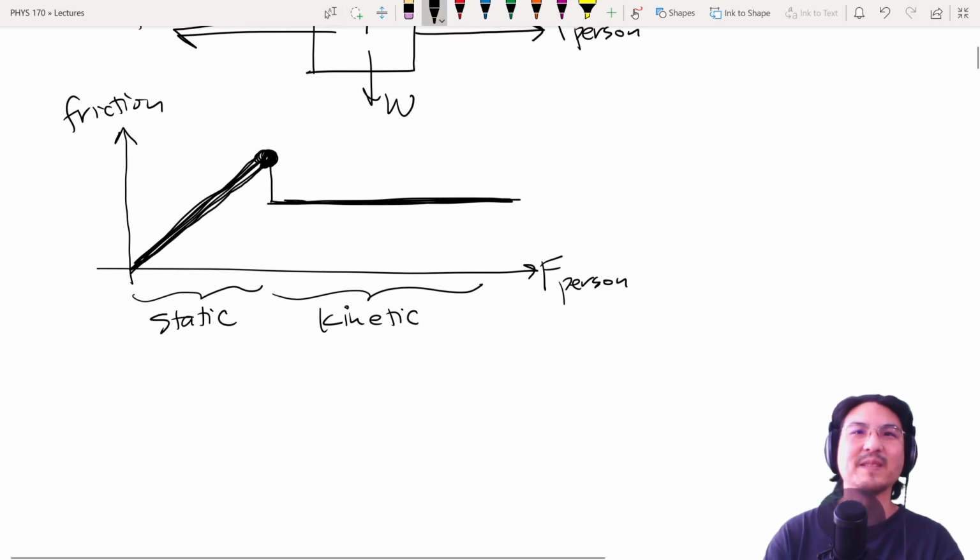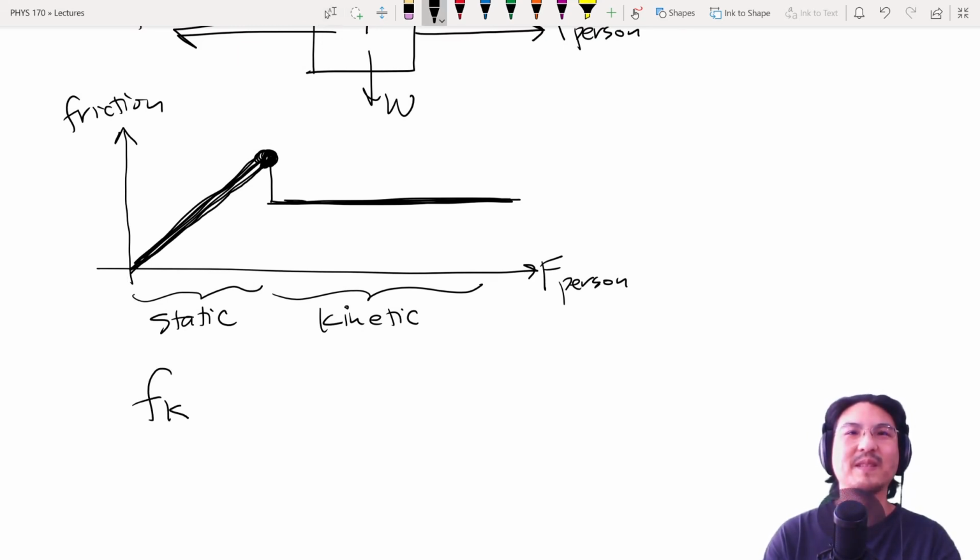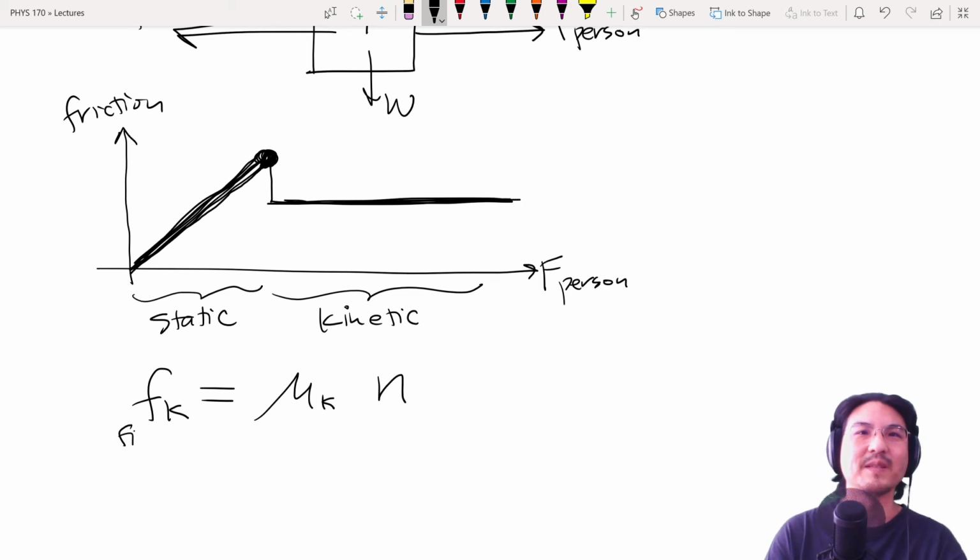Kinetic friction is a constant and ends up being proportional to the normal force. Here, this is kinetic friction, which is a force in newtons. This is normal force in newtons.